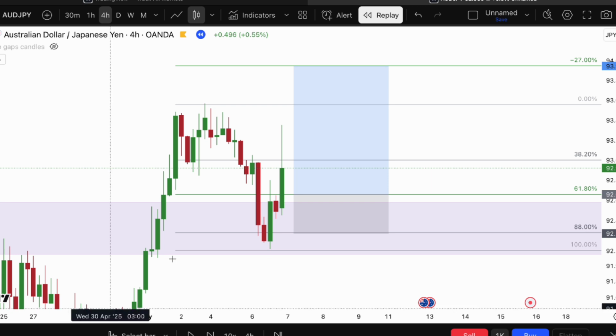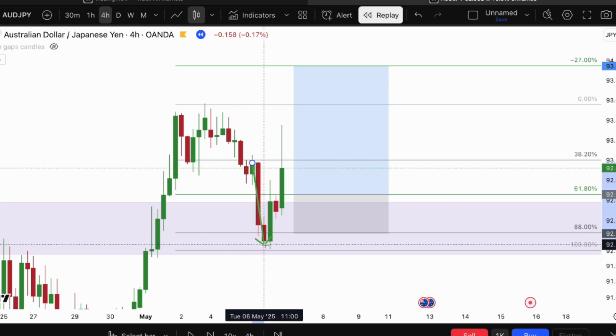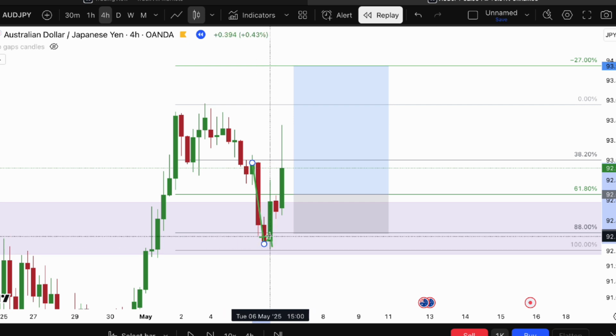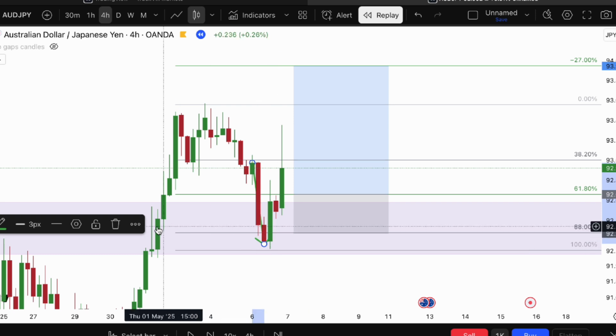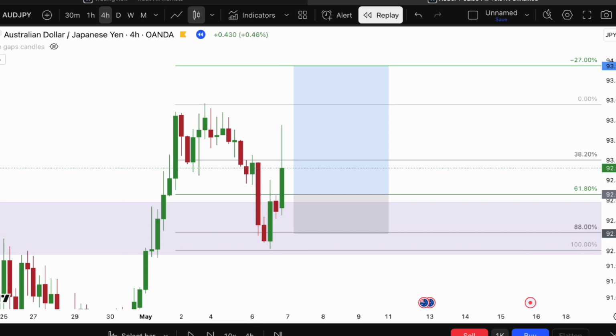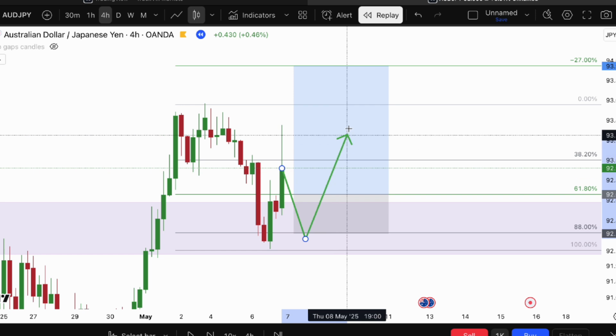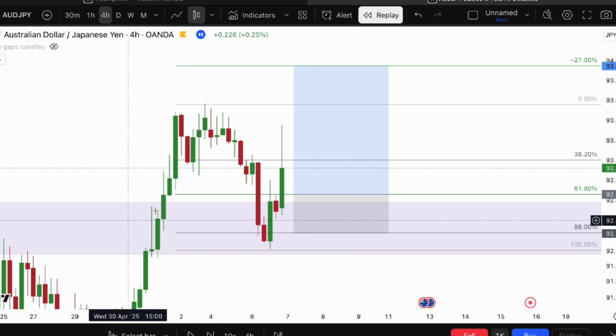But if you look closely, you can see the structural low of this push is all the way down here. I want to be protected by this low right here, because after price has its impulse that broke and closed above the 61 level, it still can have its retracement all the way down here before continuing to the upside.